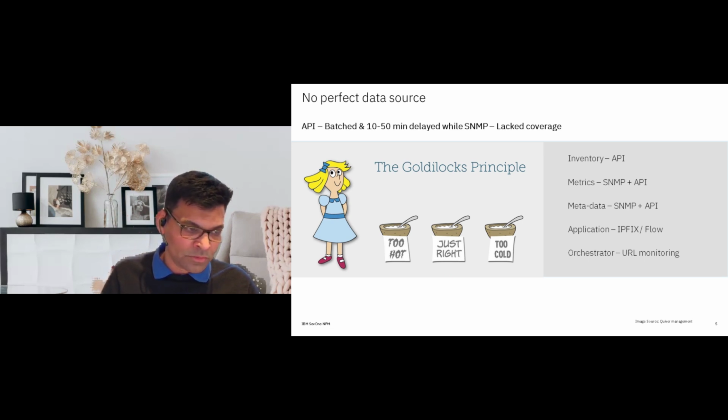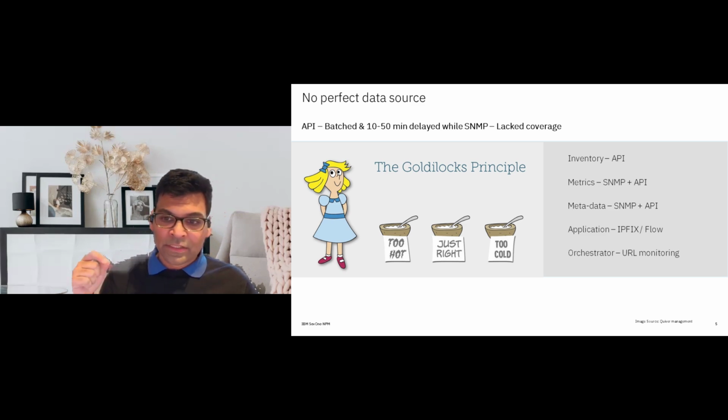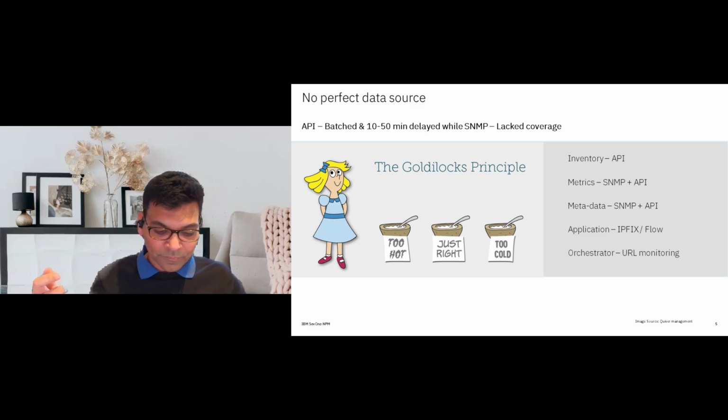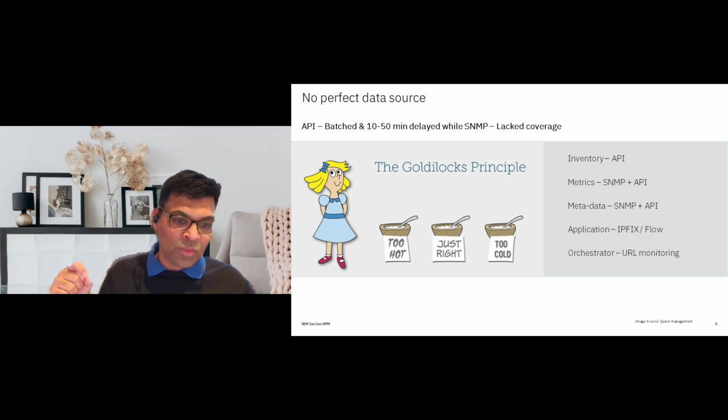And it's important to point out that a lot of times with orchestrators, say vManage, it's important that the connectivity to the vManage within the SD-WAN network is there. So we do have our own URL monitoring plugin.